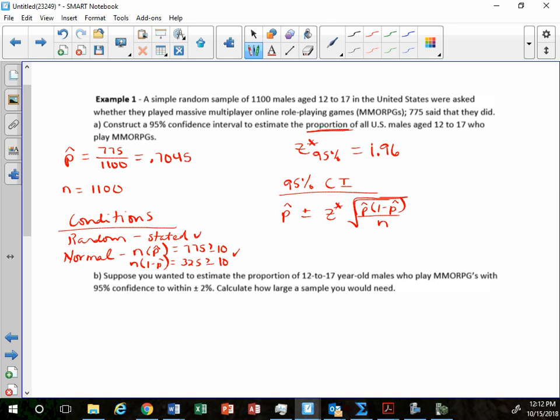For us, we're going to start out just so you understand where everything's coming from. We're just going to fill in what these things are. So our p hat is 0.7045 plus or minus our 1.96 times the square root of 0.7045 times 1 minus 0.7045 all over 1100.